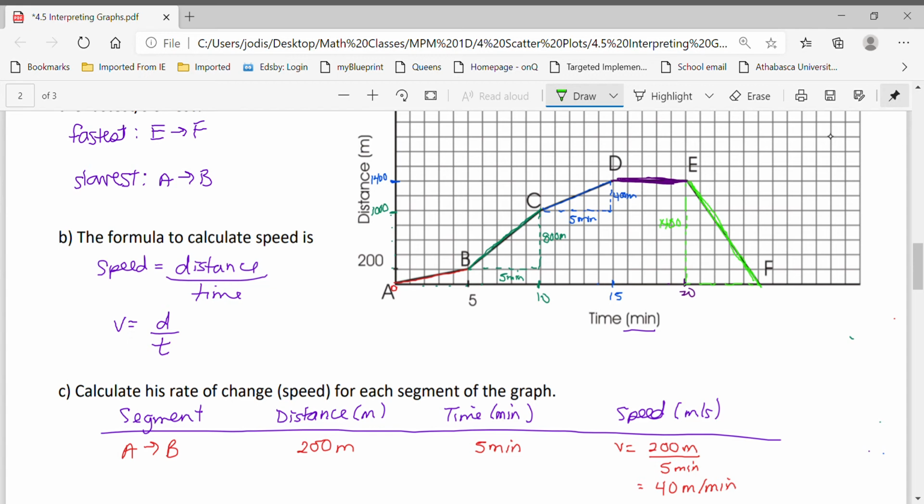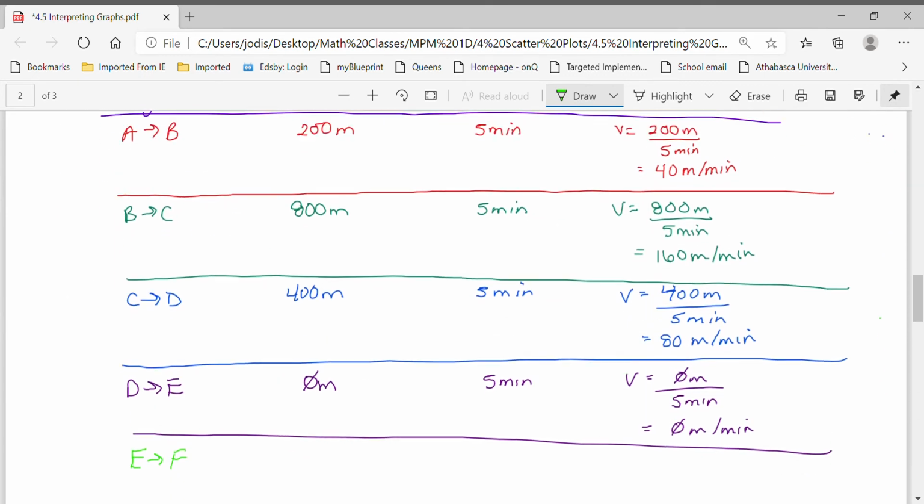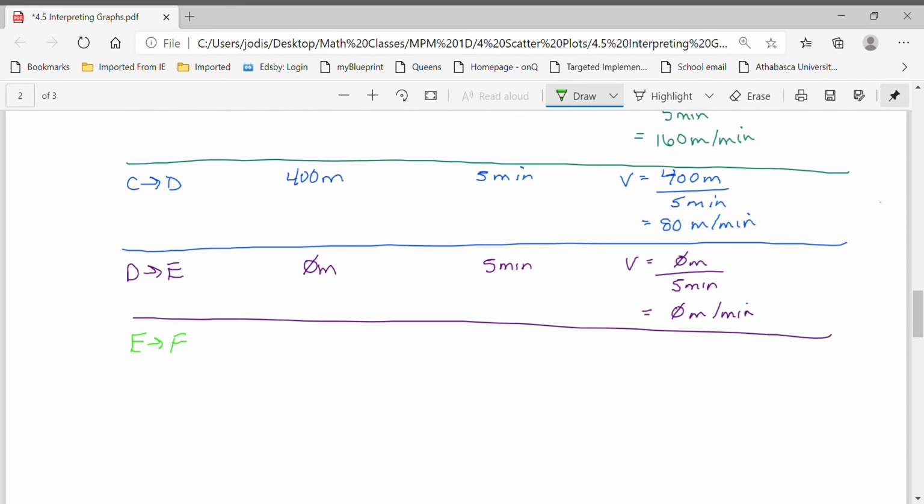And then for my time, well, 25. So I went 1,400 meters and 5 minutes here. So for my V, we're doing 1,400 over 5. Oh, and remember, I forgot this part.